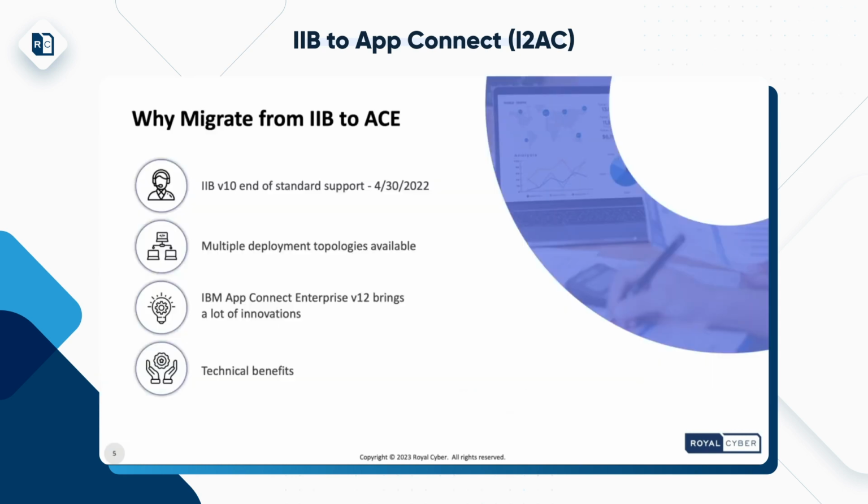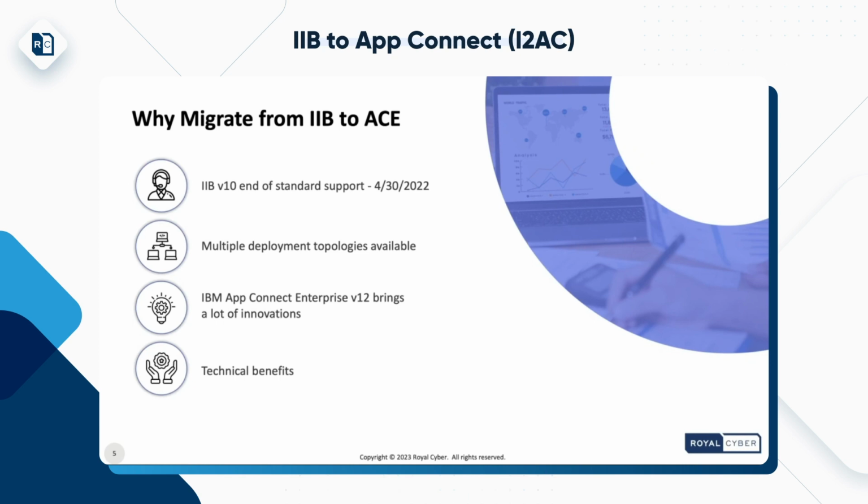Now, let's talk about why we need to migrate from IIB to ACE. First things first, IBM has announced the end of support date for IIB 10 as of April 30th, 2022. IBM will offer extended support for an additional 3 years beyond the end of support date.